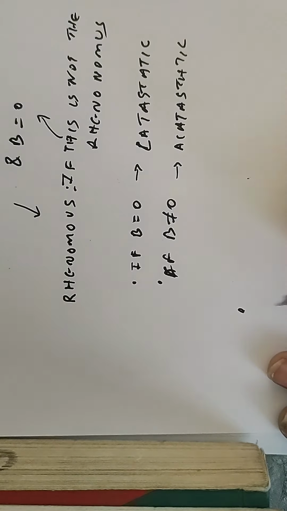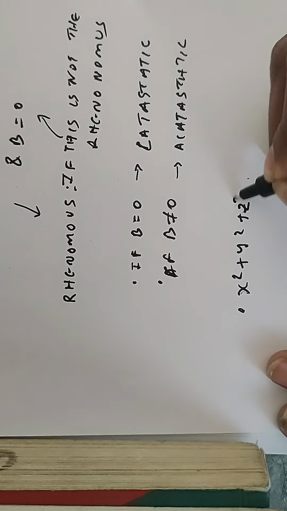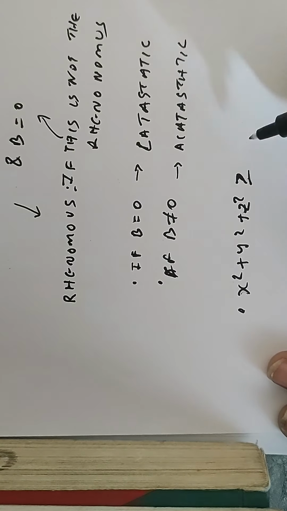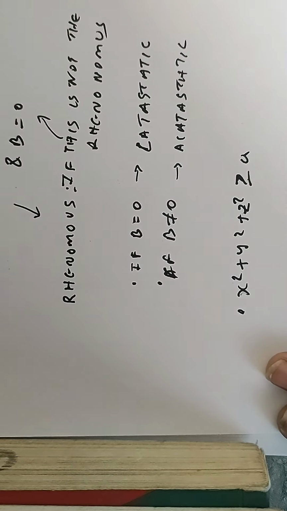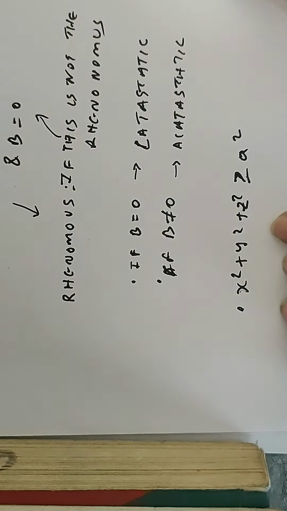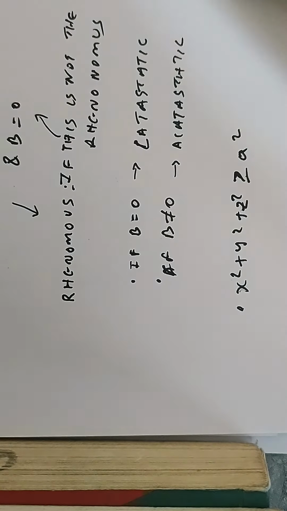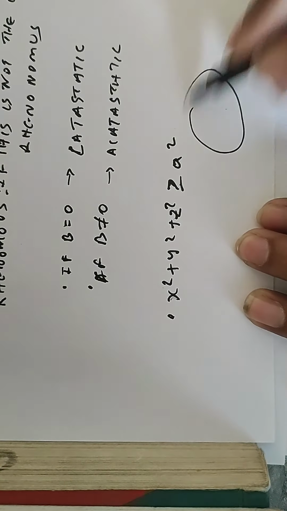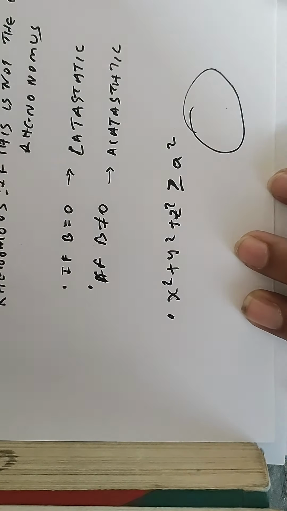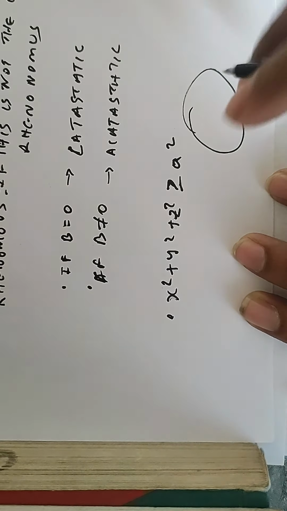This is going to serve as a very important example. x squared plus y squared plus z squared is equal to a squared, right? So the equation of constraint in the case of a particle moving on or outside of the surface of a sphere. This is just a circle, but I'm just encouraging you to try to imagine this as a sphere in three-dimensional space.